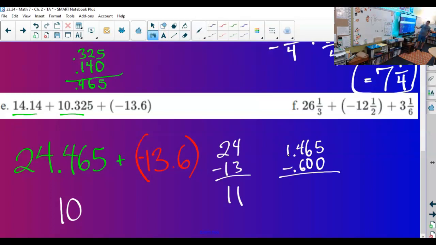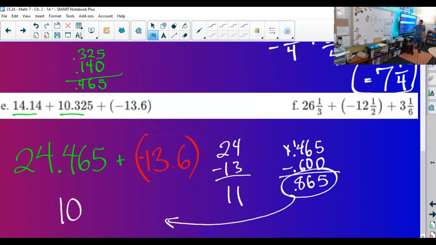I gotta borrow all the way over, right? Or no, 5 minus 0, I can do that. 6 minus 0. But now, 14 minus 6. So you have to get the 1 and cross it out and give it to the 4. 8. Yeah, because really we do that and borrow, so it's 14. So that now is what we still have. 10.865.